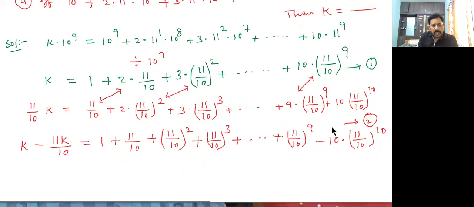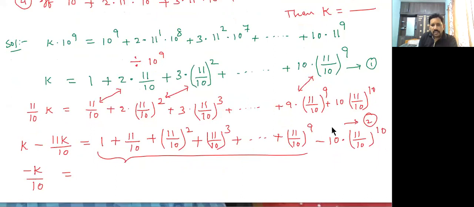Now here take k common: 1 minus 11 by 10 is minus 1 by 10. So the left side totals minus k by 10, which is equal to, and up to this, observe that it is in the form of a GP series. How many terms are there? Here the power is 1, here it is 0; 0 to 9 means there are 10 terms.